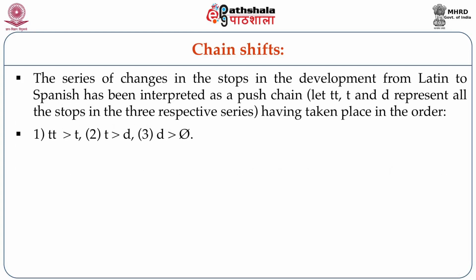The series of changes in the stops in the development from Latin to Spanish has been interpreted as a push chain. Let us start with the geminates. The changes represent all the stops in the 3 respective series having taken place in the order: geminated becomes ungeminated, ta becomes da, da becomes 0.